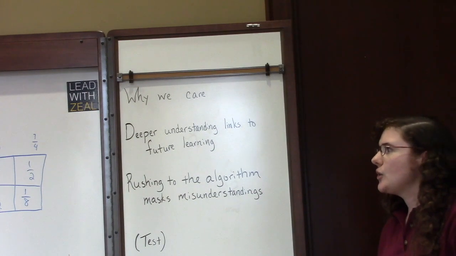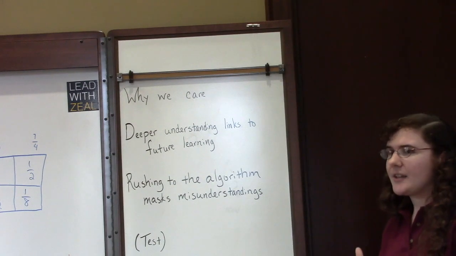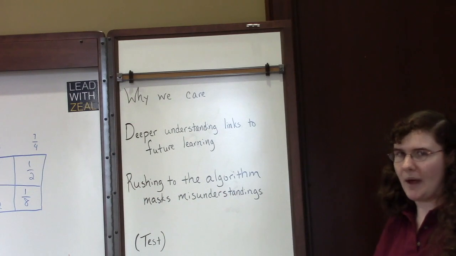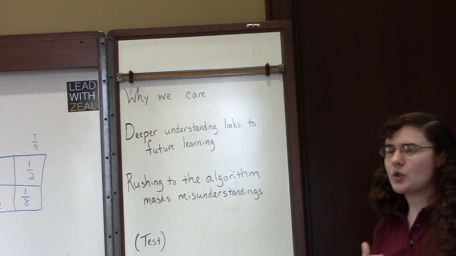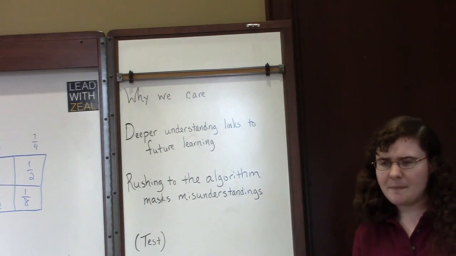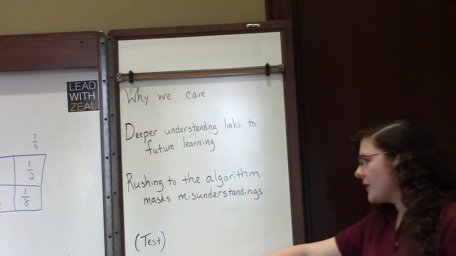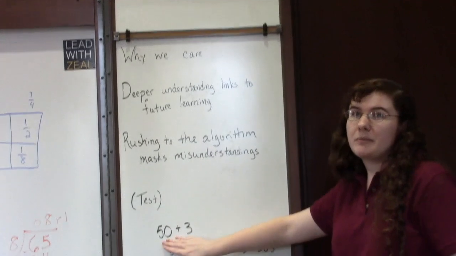Another reason to keep this process slow enough to make sure they understand it every step of the way is that rushing straight to the stage 3 algorithm masks misunderstandings. For example, the problem 50 plus 3.